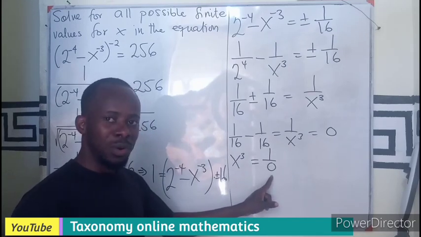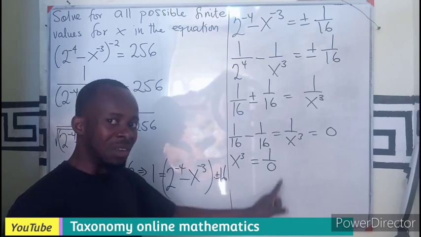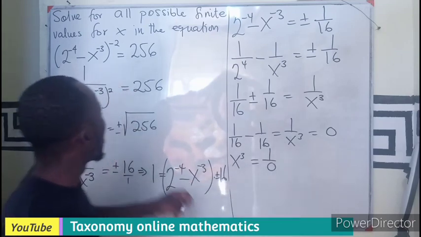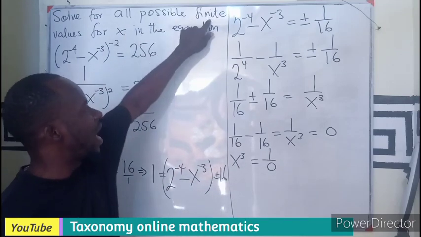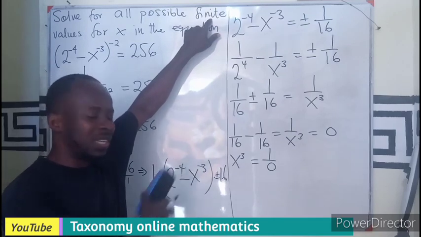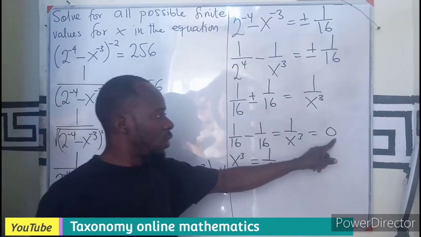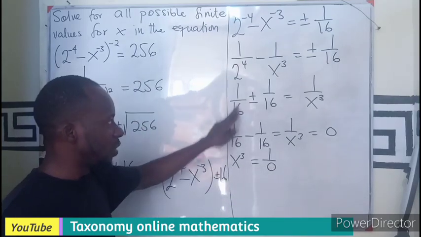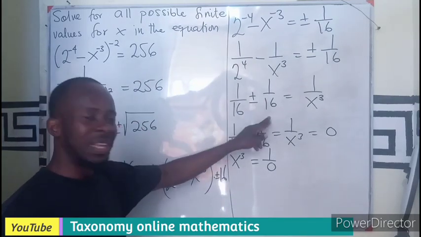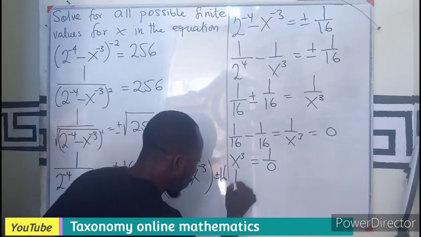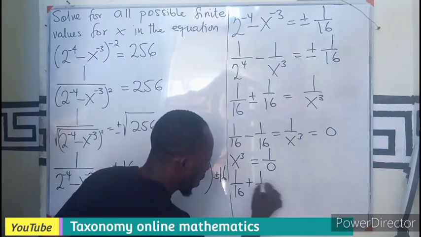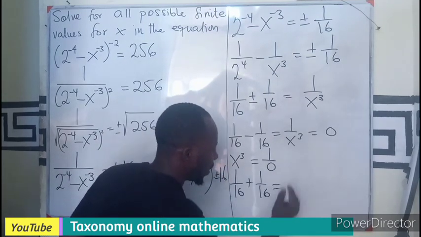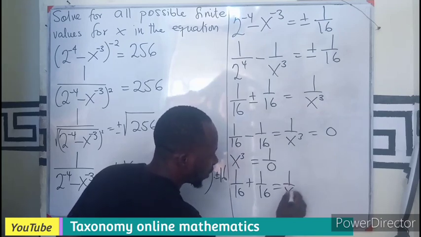You know, the 0 already here, meaning the whole thing is undefined before the cube root. But you're looking for all possible finite solutions. So we don't need x to be equals to undefined value. So we discard the first one, 1 over 16 minus 1 over 16, and go for 1 over 16 plus 1 over 16, which must equals to 1 over x to the power 3.